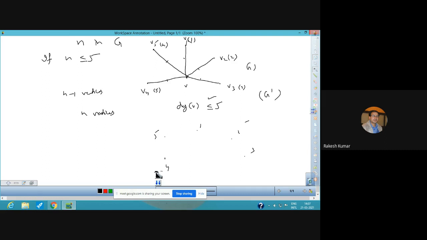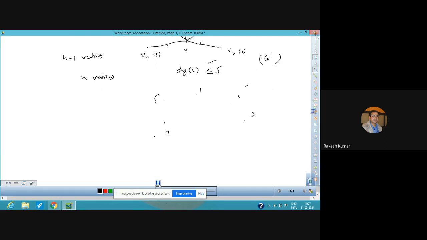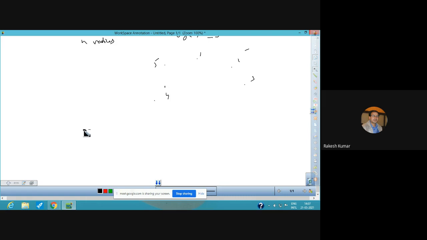अच्छा, ऐसे ही इस थ्योरम को इसी क्राइटेरिया को हम इस ग्राफ के लिए भी जस्टिफाई करेंगे.